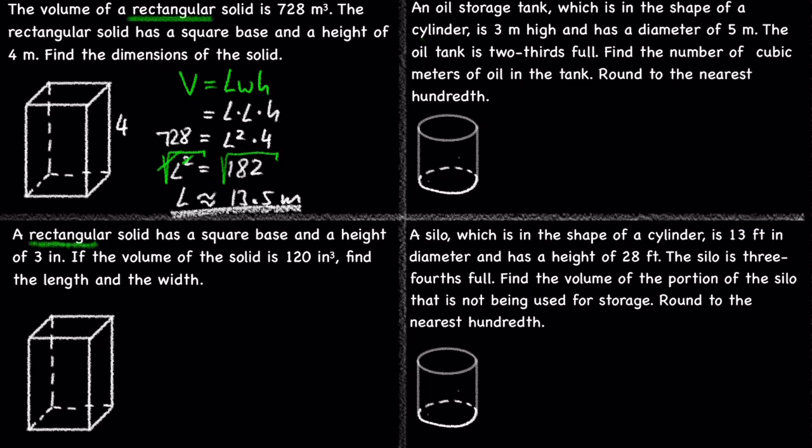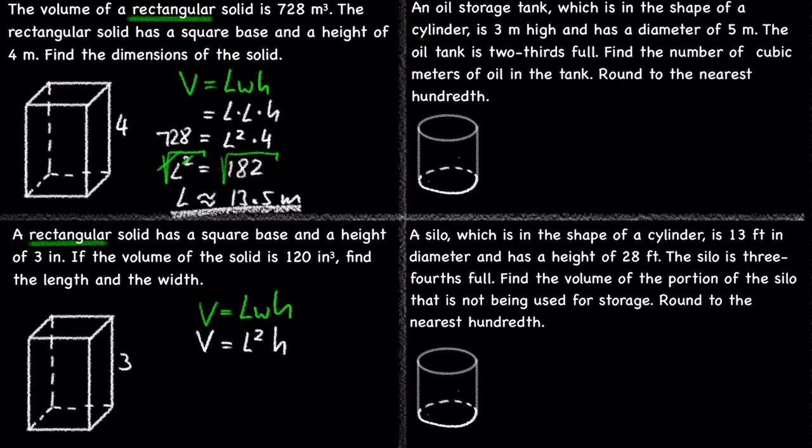A rectangular solid has a square base and a height of 3 inches. If the volume of the solid is 120 cubic inches, find the length and the width. The length and the width are the same. So we can write L squared times H equals the volume.